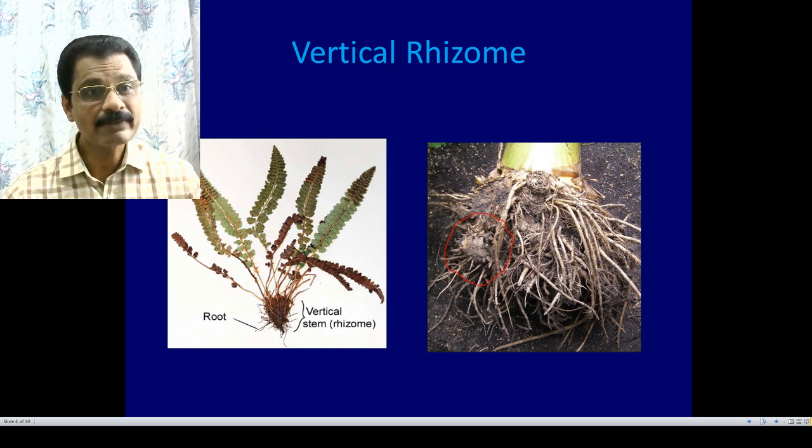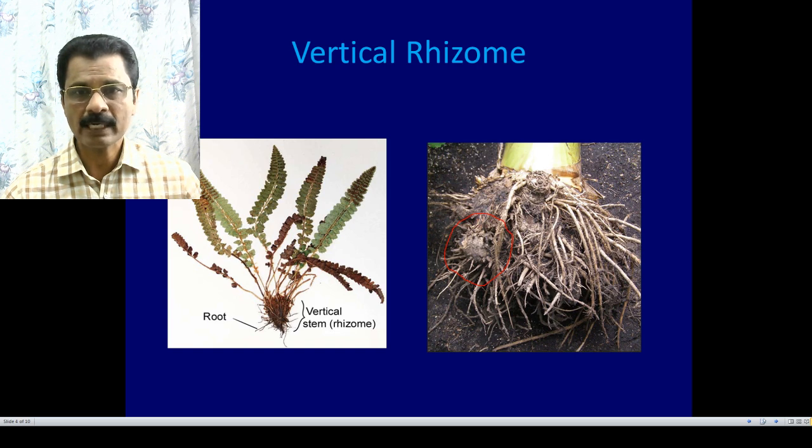As in the case of ferns, we call it as rootstock. In the case of banana, here you can see the adventitious buds develop from the node. Numerous fibrous roots are also produced here. And this type of rhizome is called vertical rhizome.